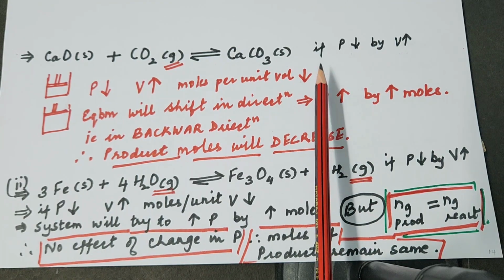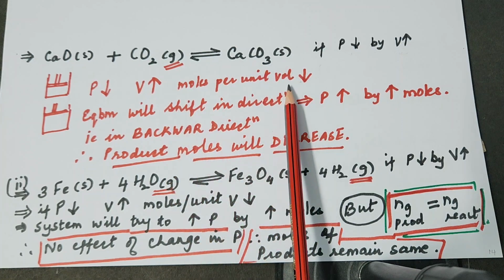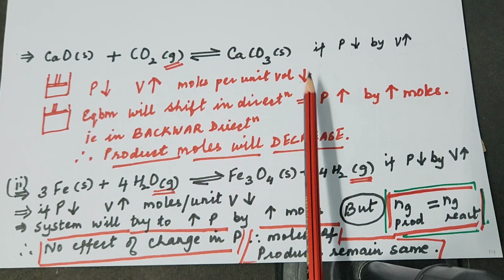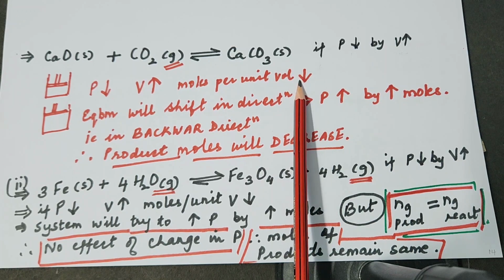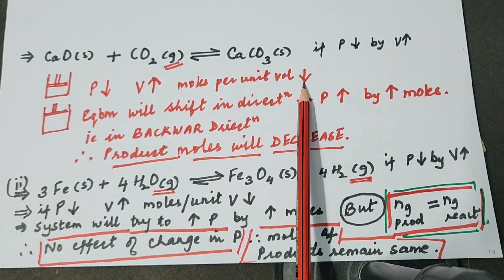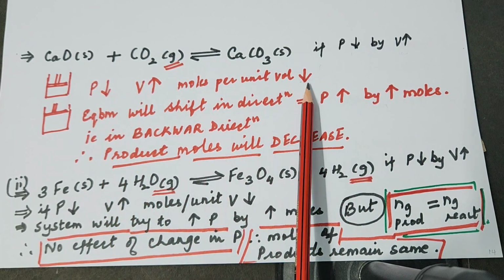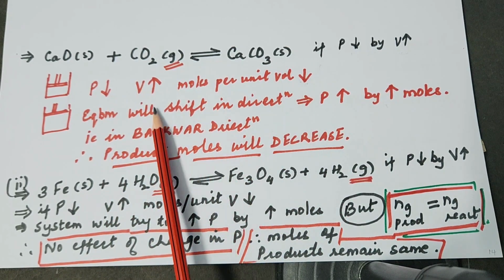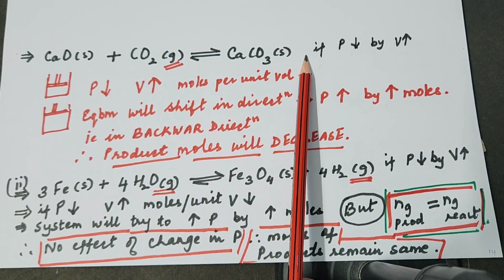But you will also remember that we are talking only of gaseous components. So the equilibrium will shift in that direction where the number of moles of gaseous components will increase. Pressure decreased, moles decrease. System will undo the change by increasing pressure. That will happen by increasing moles.